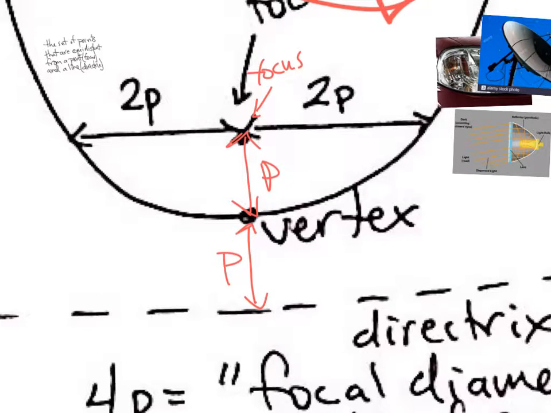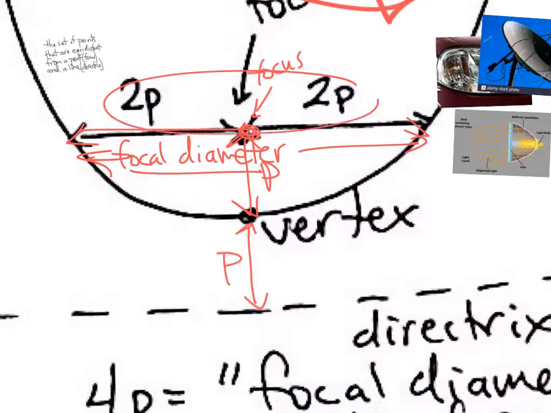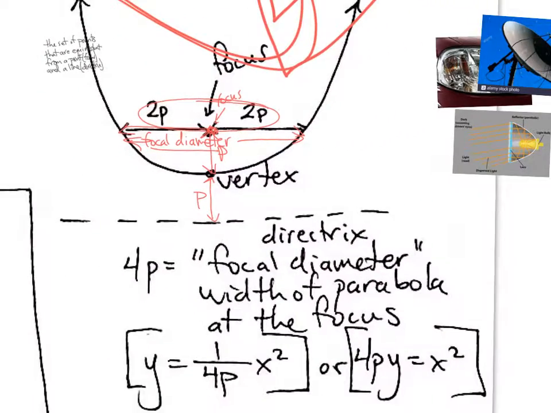Okay. And then the width of the parabola is called the focal diameter. That is when you go from the focus, how wide out you go. The total focal diameter is going to be 4p, whatever p is from the equation.